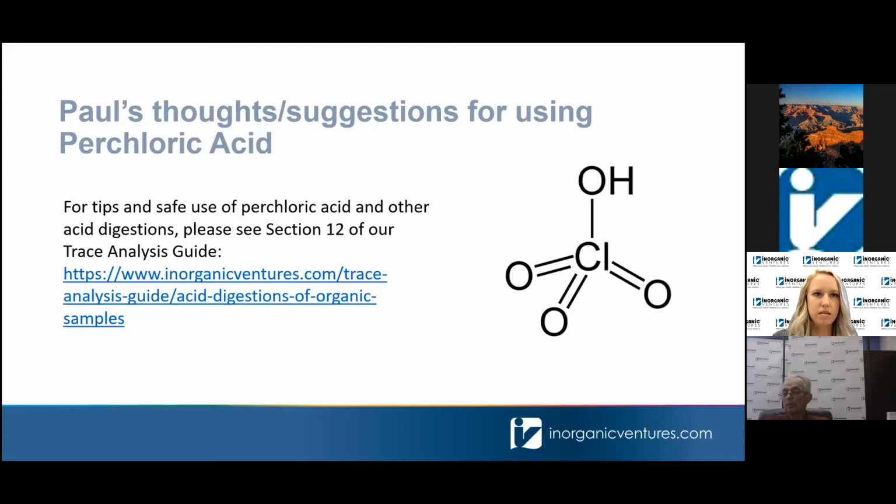It'll talk about perchloric acid and will highlight the safety features. The guide is written very direct and very straightforward. There's not a lot of reading. A lot of information is given in a small amount of space, but information that is very, very useful and very key.